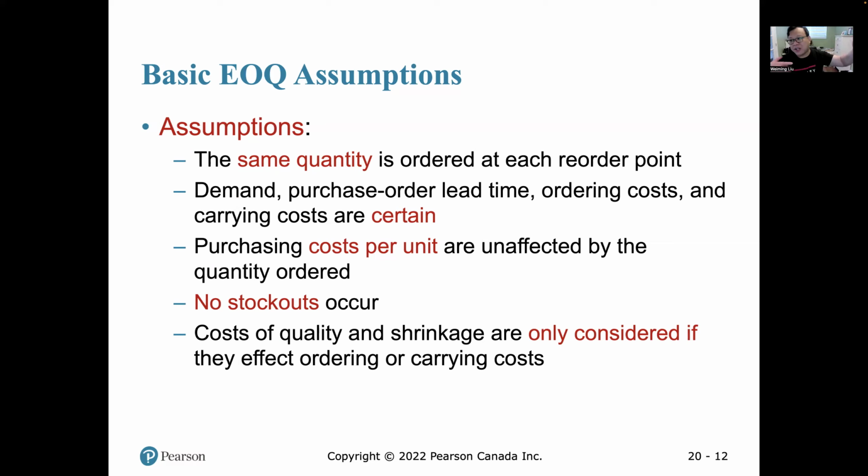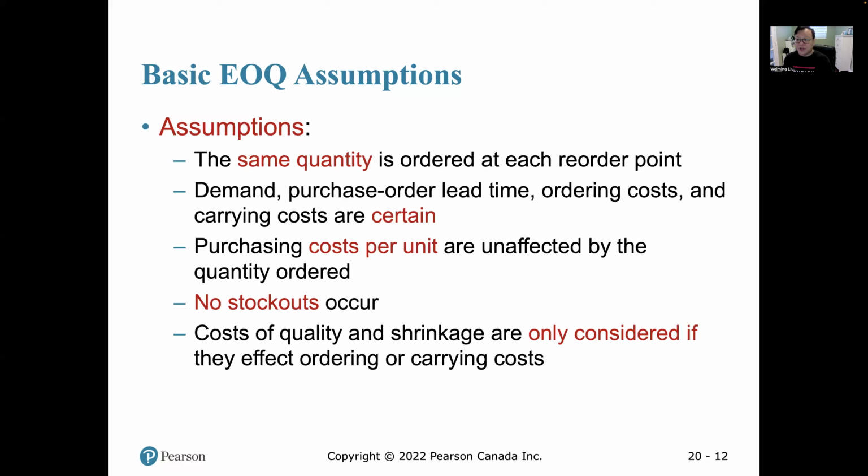Demand is certain: I know how much I can sell. Purchase order lead time is certain: if I order now, I know I'm going to receive it 2 weeks from now. Ordering cost, how much it costs me for each order, is also certain.